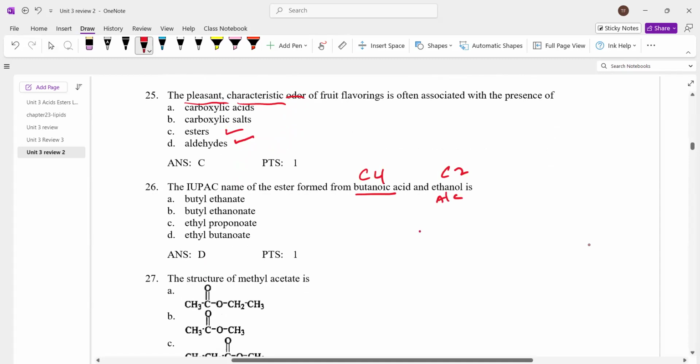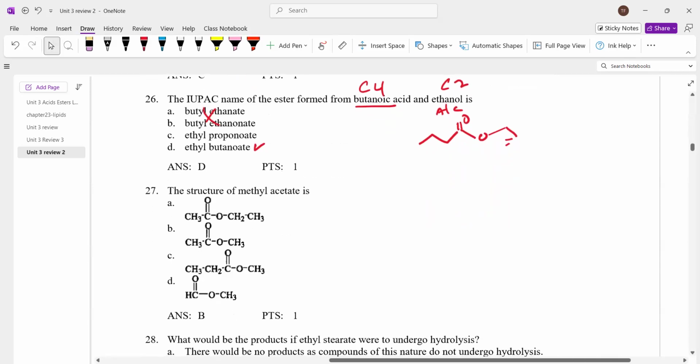It's going to be ethyl, and 1, 2, 3, 4. Okay, methyl means it's got a 1 carbon, comes from a 1 carbon alcohol, and an acetate is 2 carbons.